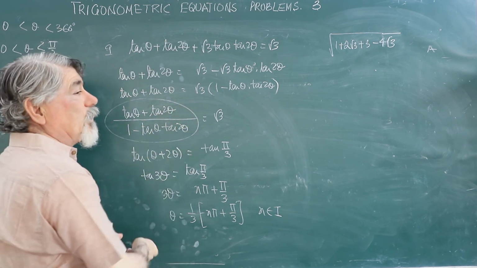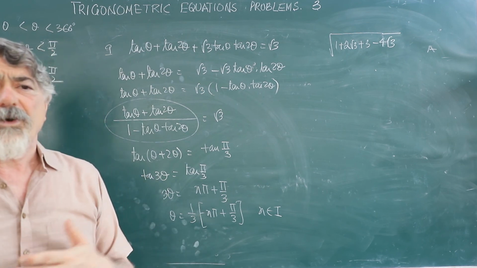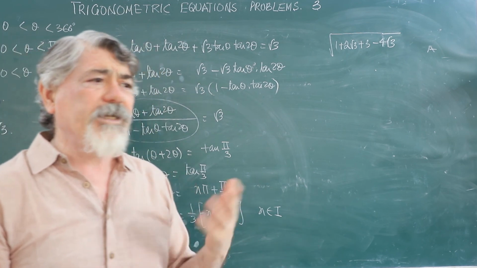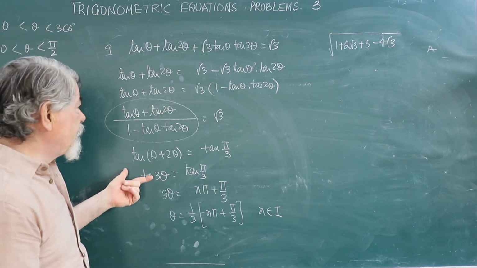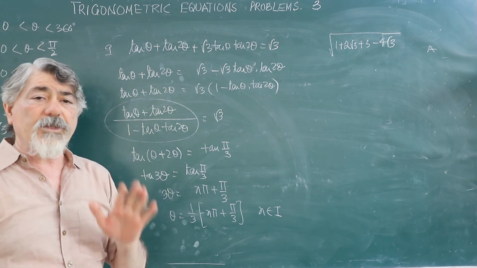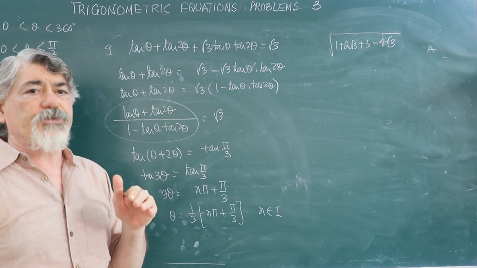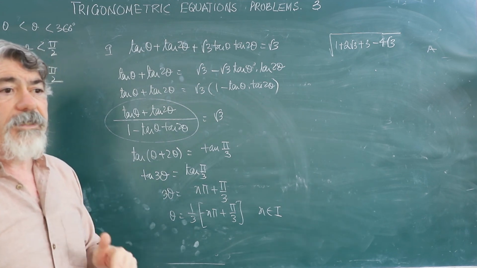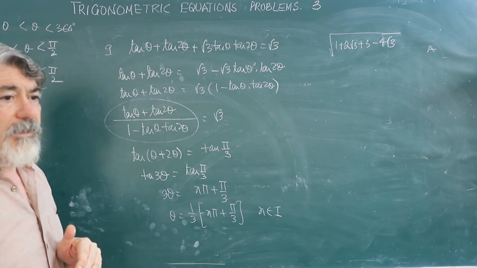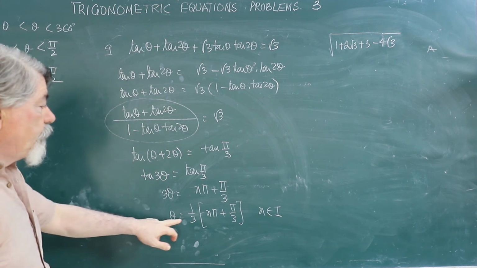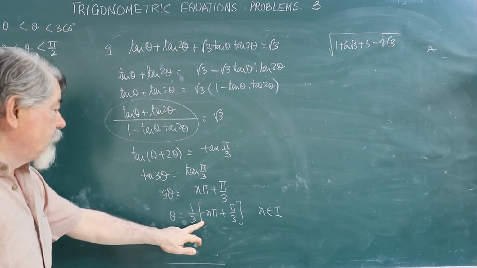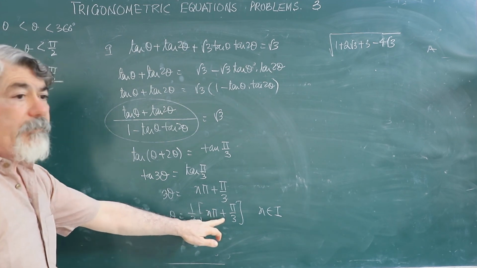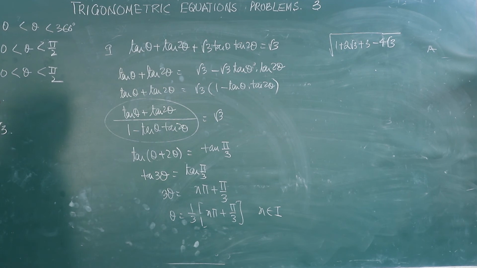Because all the time we are applying sin A plus B, or sin C plus D, or cos 2 theta, or tan A plus B. So all these basic formulas you have to learn and remember, as I said, it should be imprinted on your mind. So we were able to get theta is equal to 1 upon 3 (n pi plus pi by 3).